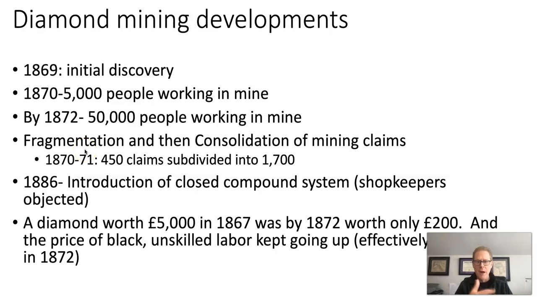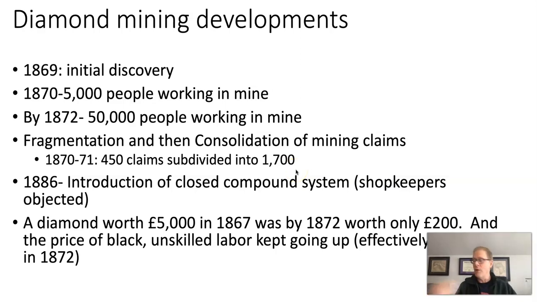So you have people staking a claim, literally staking a claim. You put stakes in the ground and tie ropes, and that's your claim right there. And then you just start digging down. And then between 1870 and 71, what had been 450 claims will get subdivided into 1,700 separate claims.